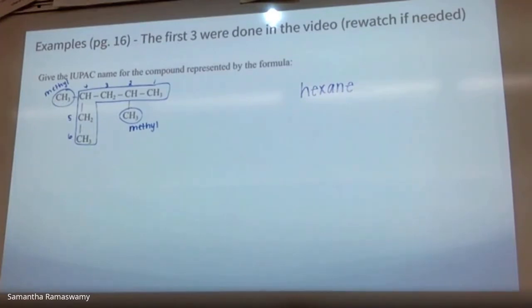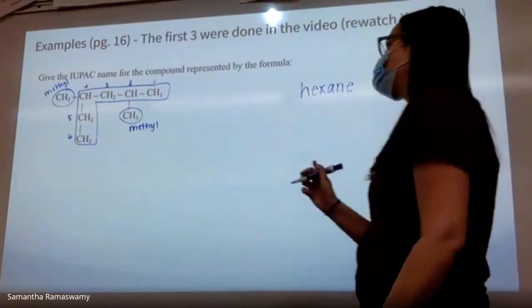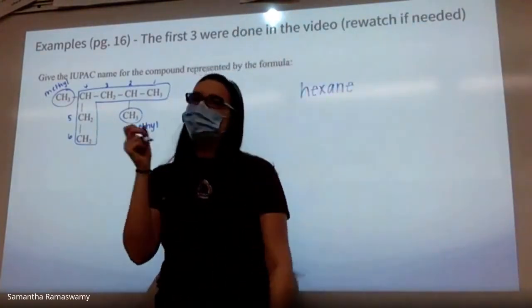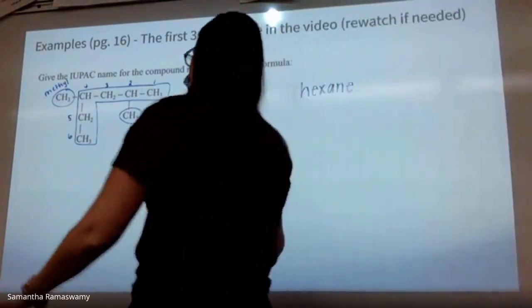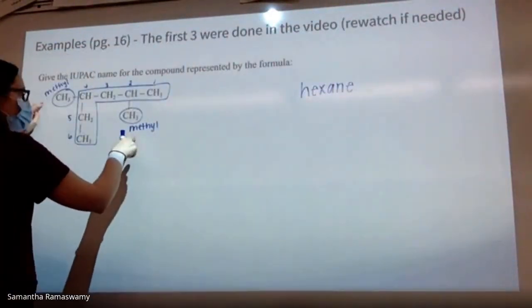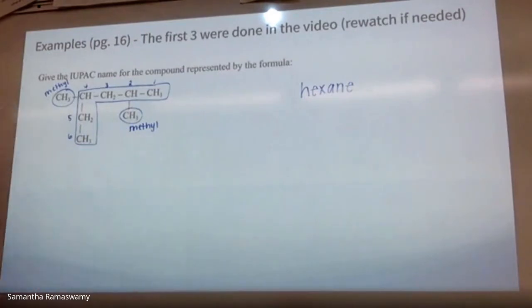When you have the same substituent, so we have 2 methyl groups, we can use prefixes. Di, tri, tetra, penta. What's the prefix for 2? Di. So here we have dimethyl. Now you always start the name with the numbers where the substituents are.